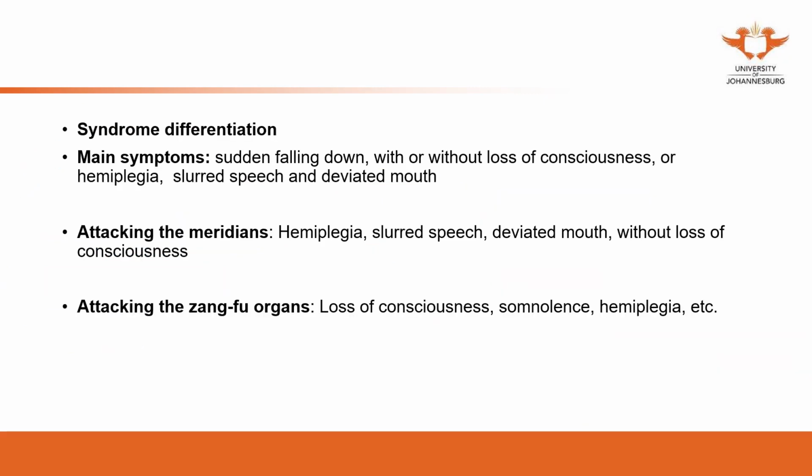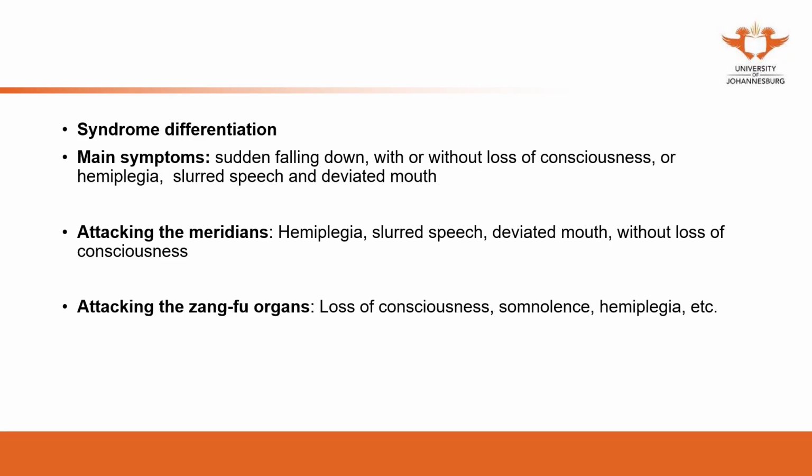The symptoms of the stroke are actually exactly the same as introduced in the previous videos: sudden falling down, acute onset, slurred speech, deviating mouth or drooling, hemiplegia, conscious or unconscious.